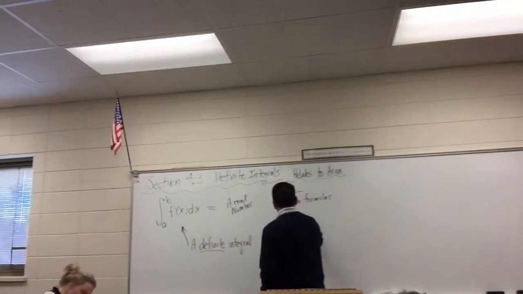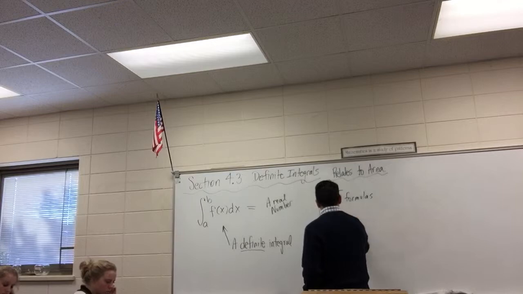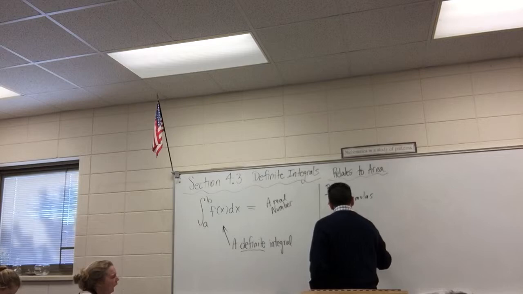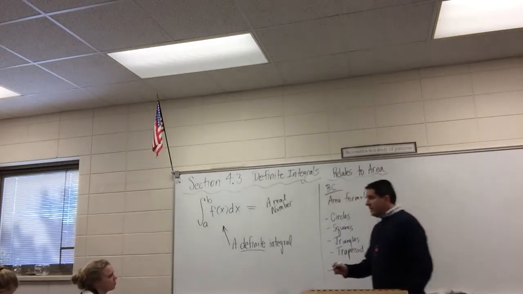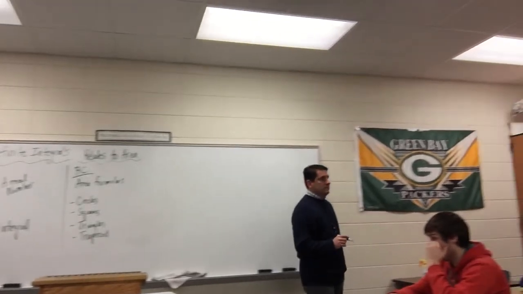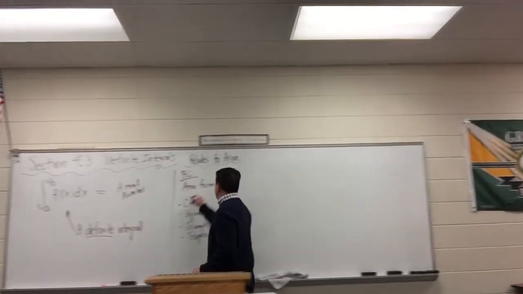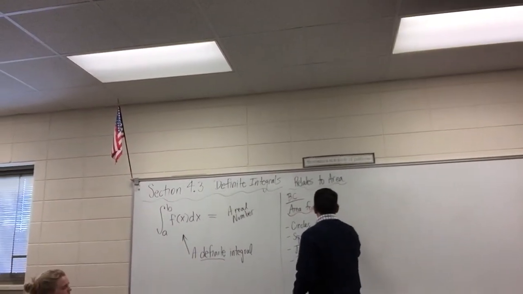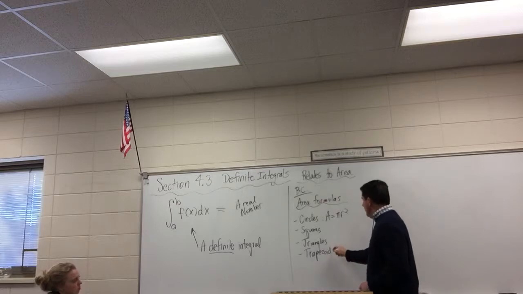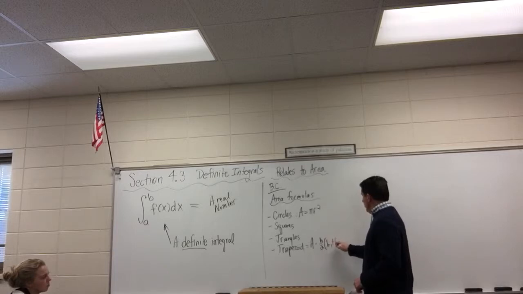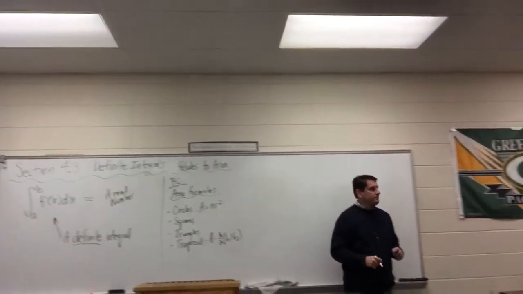So we had circles, squares, rectangles, triangles, trapezoids. Every one of these things was either a polygon or a circle. They said, if you want to find the area, have we got the area for you? So they came up with all these formulas. Pi r squared, trapezoid, h over 2 times the sum of the bases. Just plug in what you do and you get the answer.